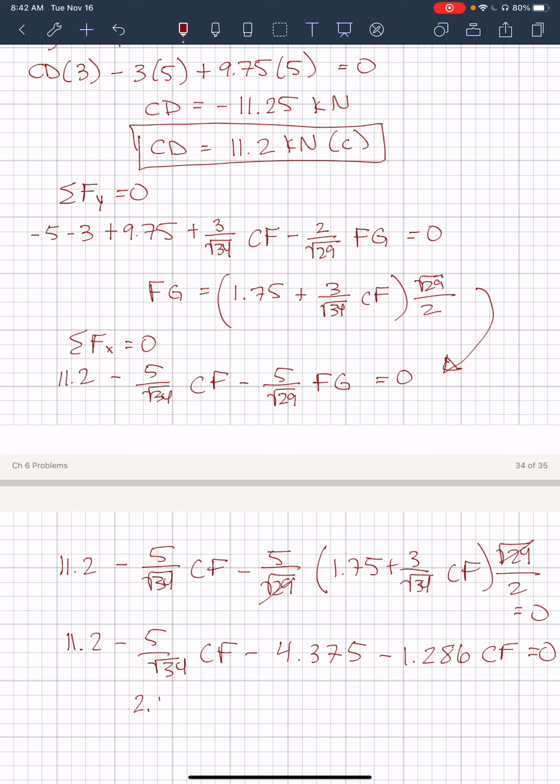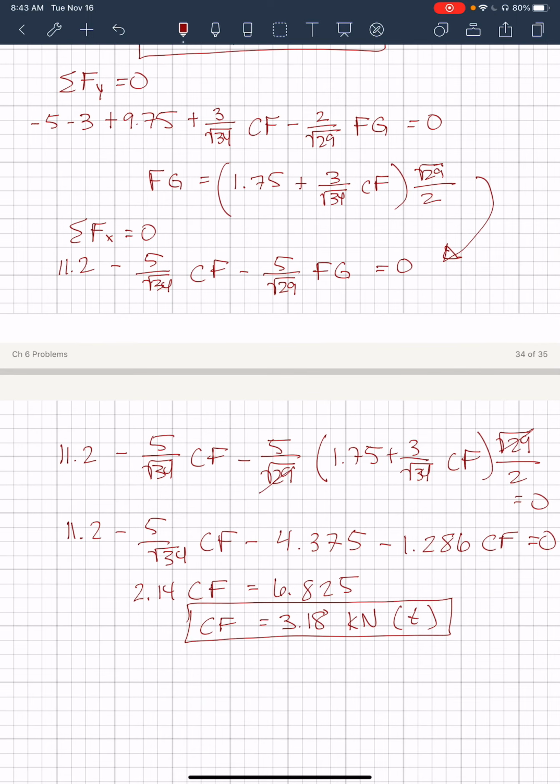So we get 2.14 CF equals, CF equals 3.18 kilonewtons. And because we got a positive number, that means it is in tension.